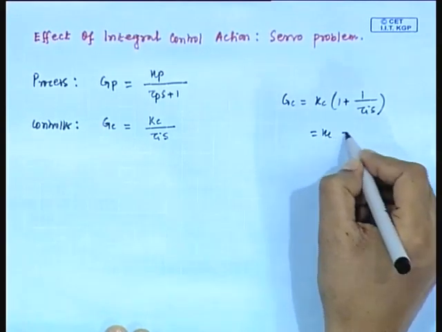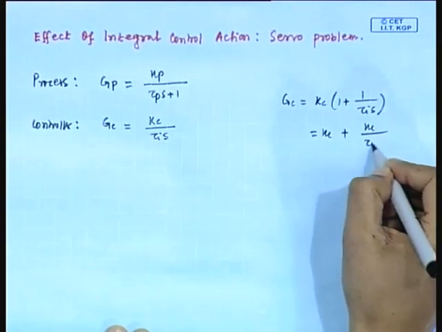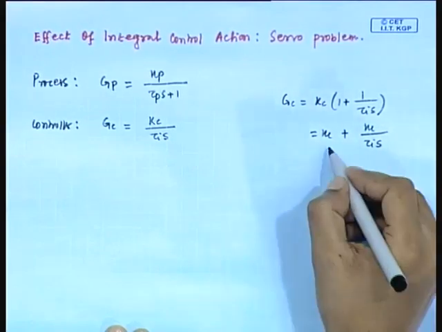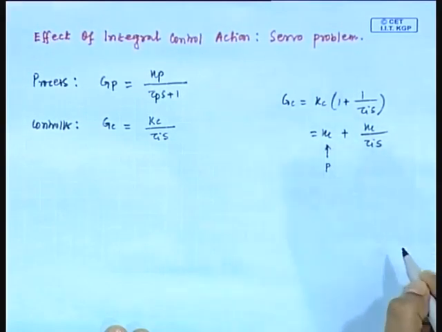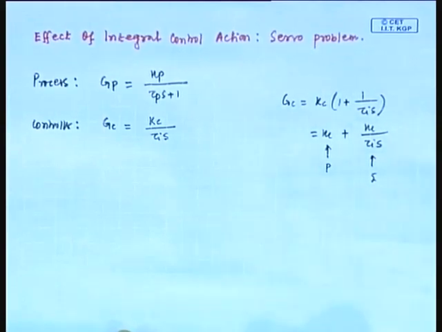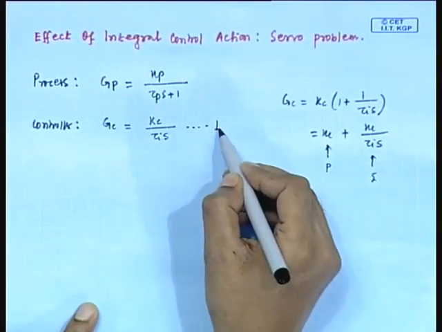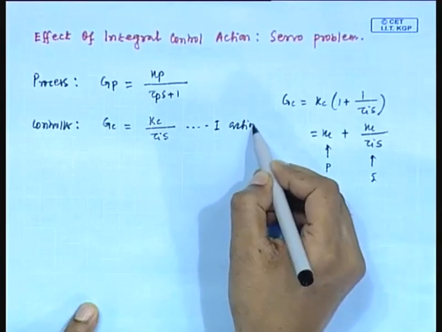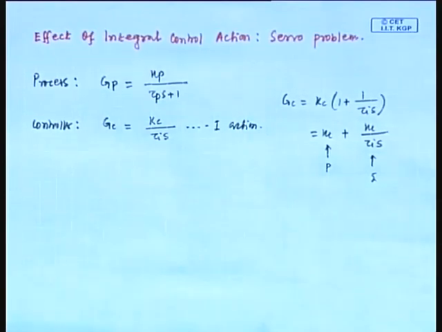That means Kc plus Kc divided by tau I s. So, this is the transfer function of P and this is the transfer function of I. Fine. So, if we consider only the integral controller, then the transfer function is Gc equals Kc divided by tau I s.